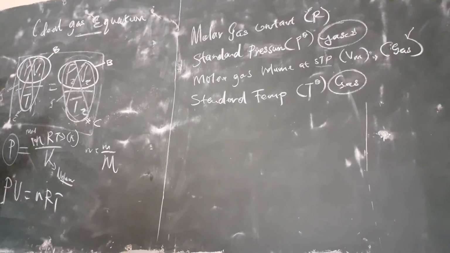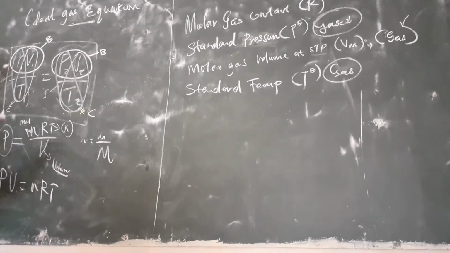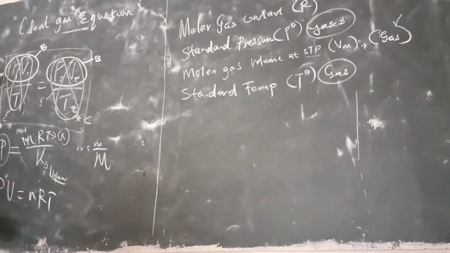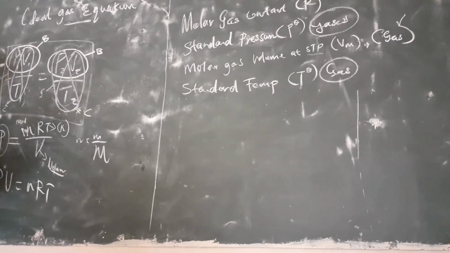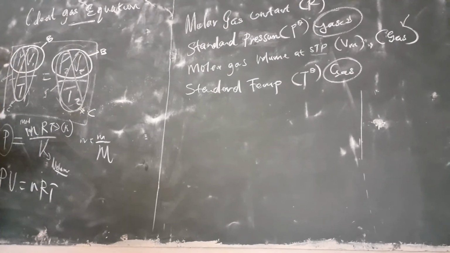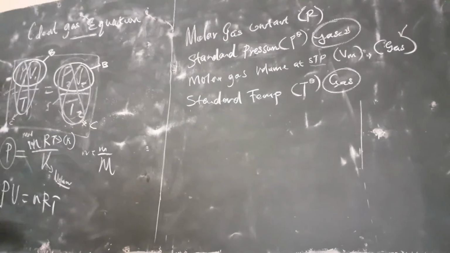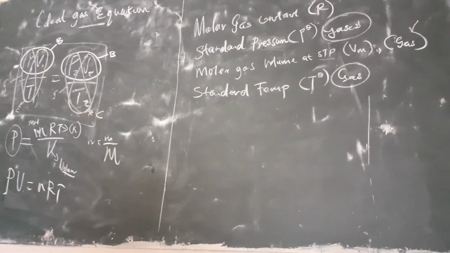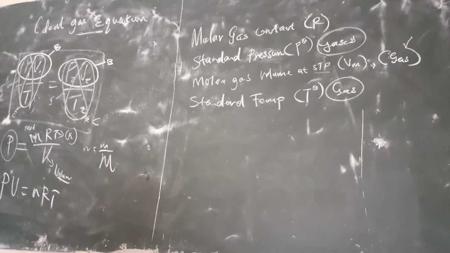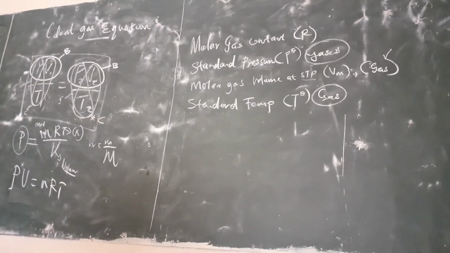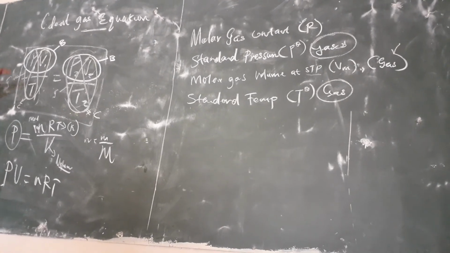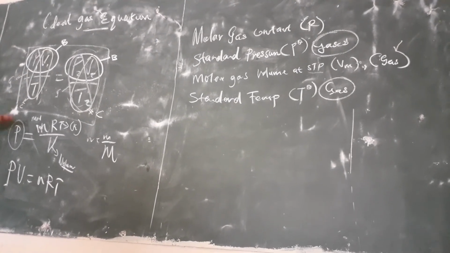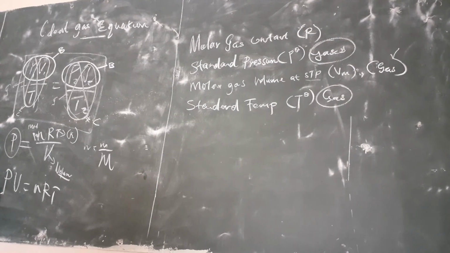How do we find kelvins? If it was given in degrees Celsius, we add 273. If it's given in kelvins and you want to convert to Celsius, you minus 273, and then you'll get where you want to get. So this is the ideal gas equation and how we interpret it. Whenever you see equations like this, you will be able to calculate them.